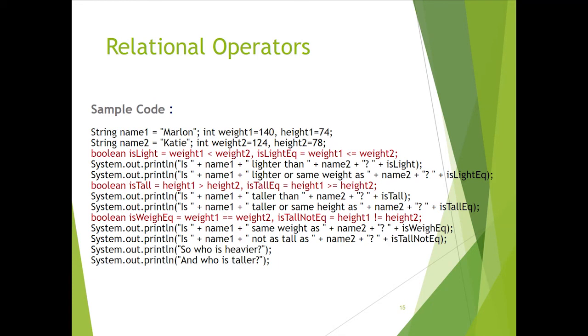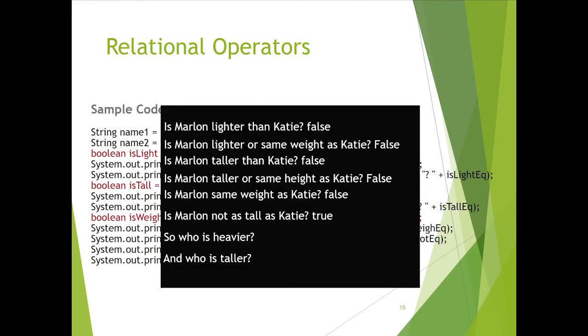Klaro ba? If you're going to print the output here, ito yung magiging output ng code natin. Nagets ba kung paano nakuha yung relational operators? Relational operators, sine-check lang nila ang mga values na meron or mga states na meron. Okay? Again, you can only perform relational operators on Boolean values. Klaro?